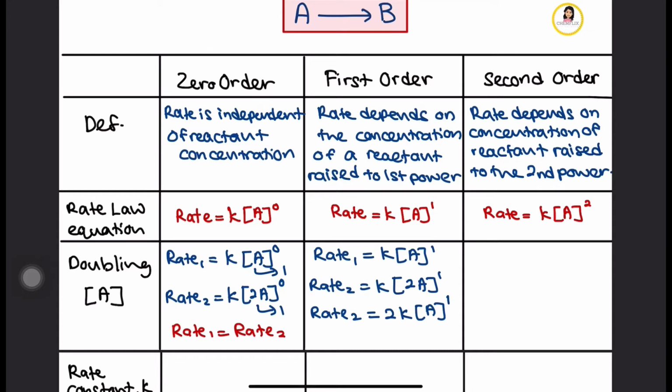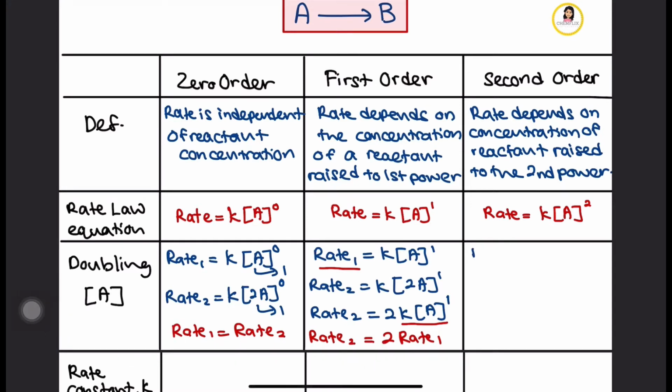As you can see, k multiplied by concentration of A is actually equivalent to rate 1. Therefore, rate 2 equals 2 times rate 1. So here we can conclude that if we double the concentration of A, the rate of reaction would also double.